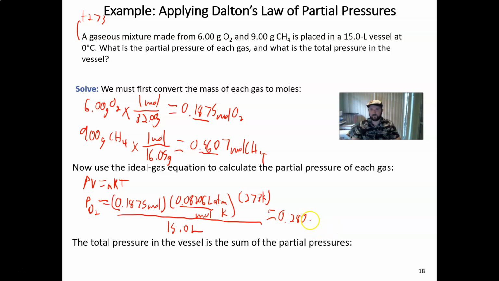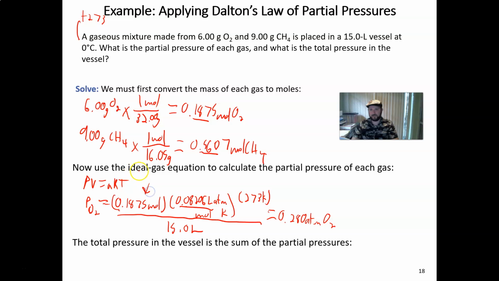Notice we have moles canceling, Kelvin canceling, and liters cancel here and here. So all of those cancel, and we end up in units of atmospheres. So that's the atmospheres from O2. To do the calculation for the atmospheres from methane, we just replace this value with the moles of methane, and everything else is the same.